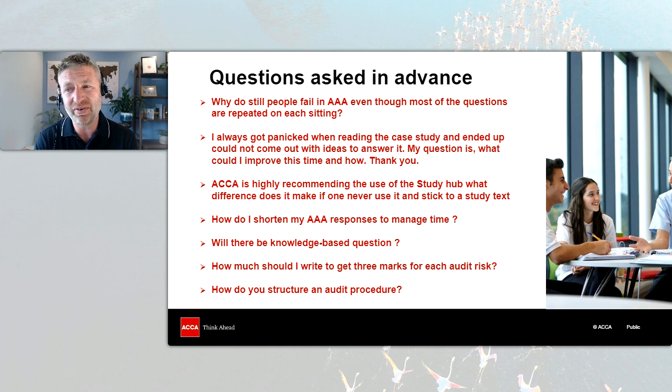Now, although that's a different structure of question, it's not asking you the same thing. It's not saying, can you identify and evaluate the risks? It's telling you inventory is the problem and asking you to explain why. The technique is exactly the same. You still have to go into the scenario and find things about inventory that explain why it could be misstated. So the technique's not really any different. I wouldn't worry about it too much, Kirsty.